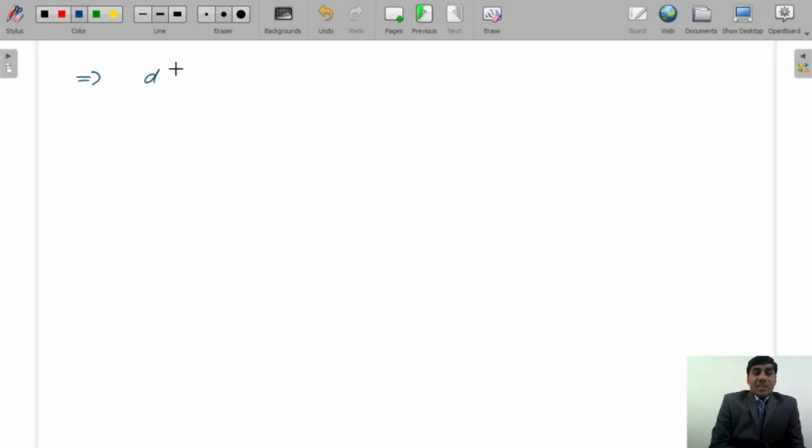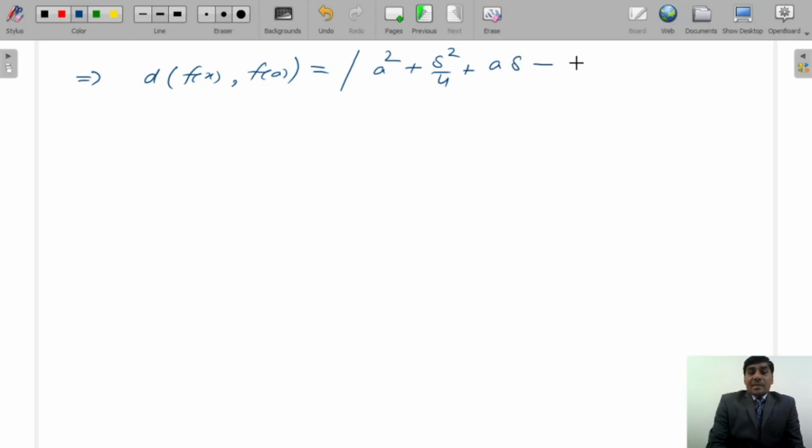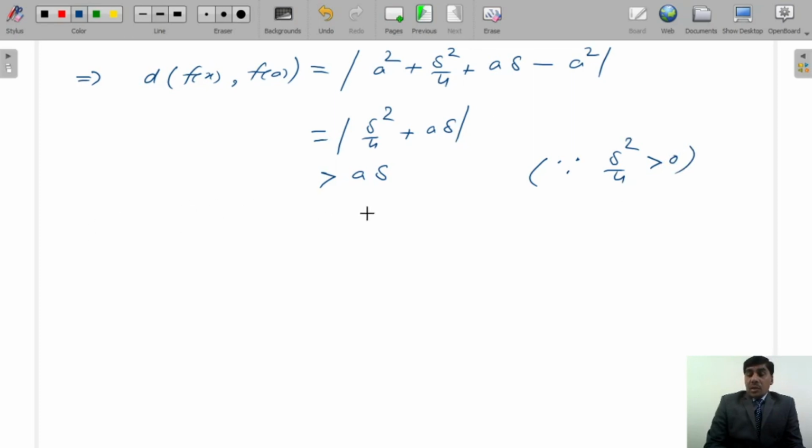This implies distance between f of x and f of A is equal to modulus of A square plus delta square by 4 plus A delta minus A square, which is equal to modulus of delta square by 4 plus A delta, which is greater than A delta, because delta square by 4 is greater than 0, which is equal to epsilon.